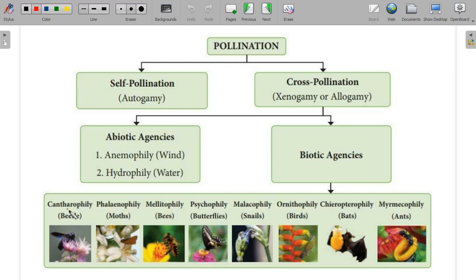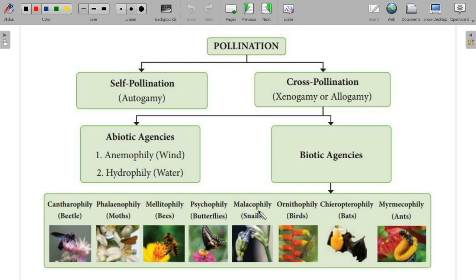For example, cantharophily is for beetles, because cantharology is the branch of science that deals with the study of beetles. Next we have phalaenophily, pollination aided by moths. Next is melittophily, for bees. Next is psychophily, for butterflies.